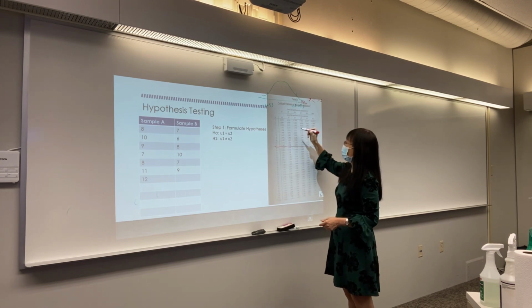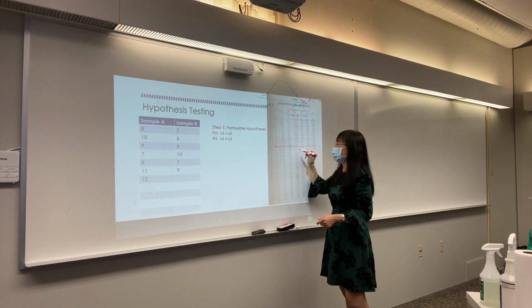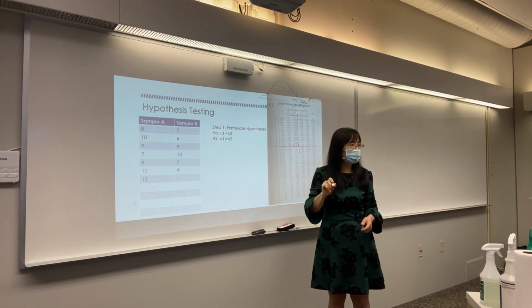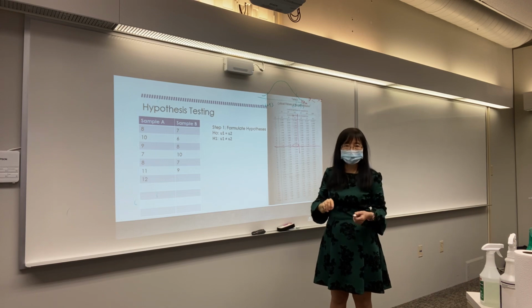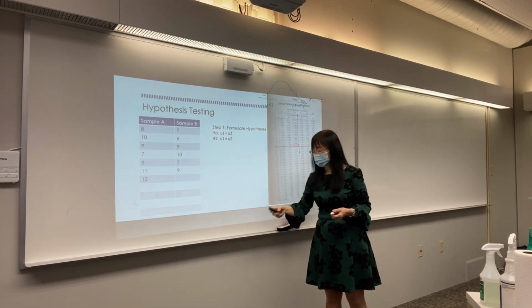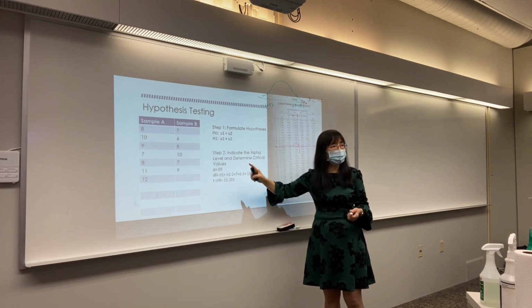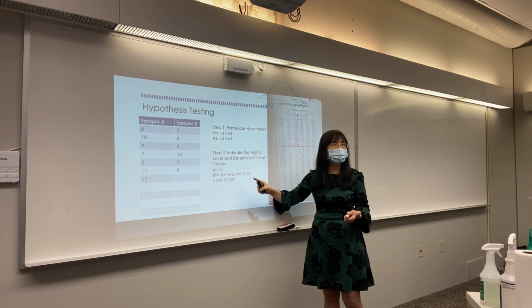Okay, and then 0.05. So the answer should be what? 2.201, right? Okay. And then make sure you write positive, negative, because it has no direction.